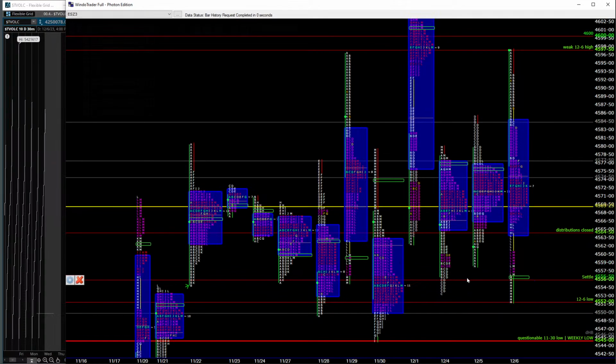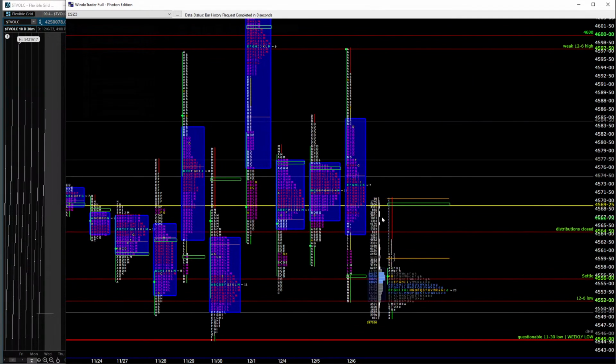All right, what else? Okay. This spike, this distribution, brought the market lower, right? We have lower prices here. If the market opens inside this range, this balance range, that's a rejection of lower prices.